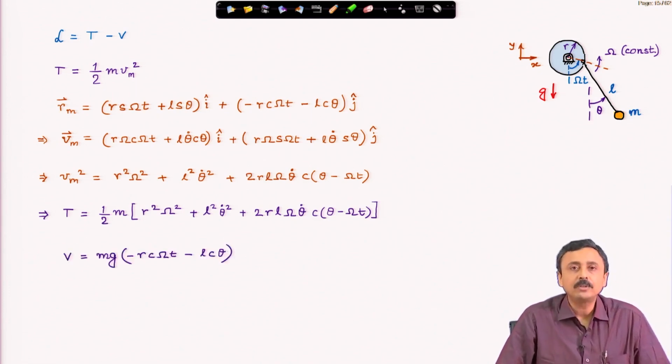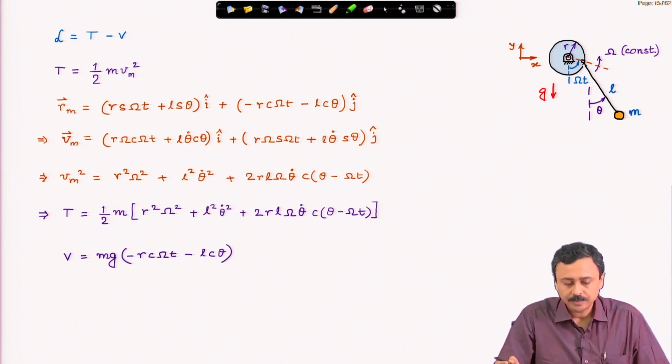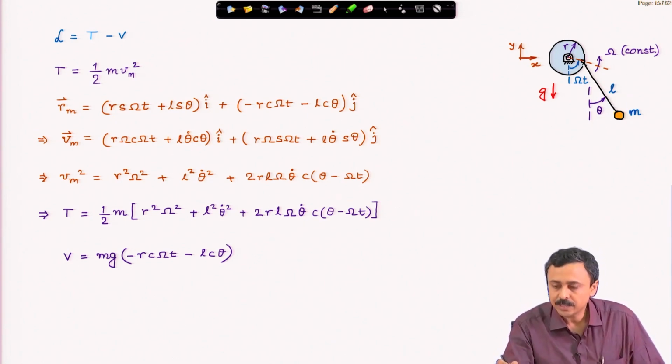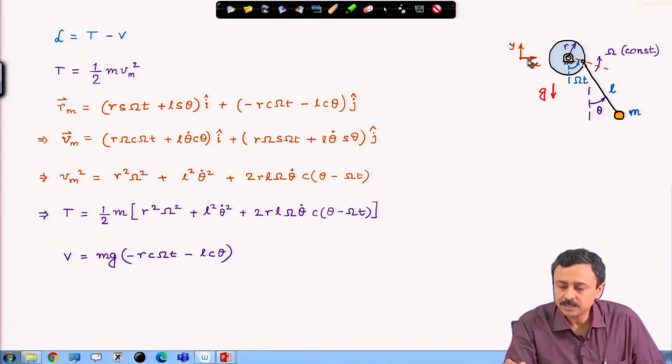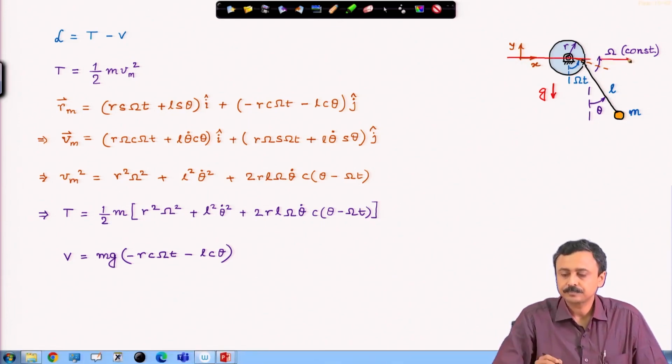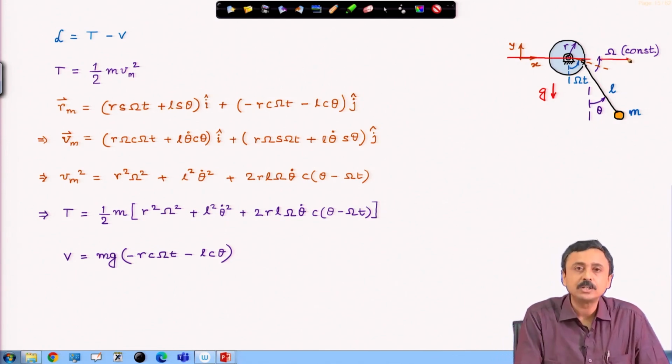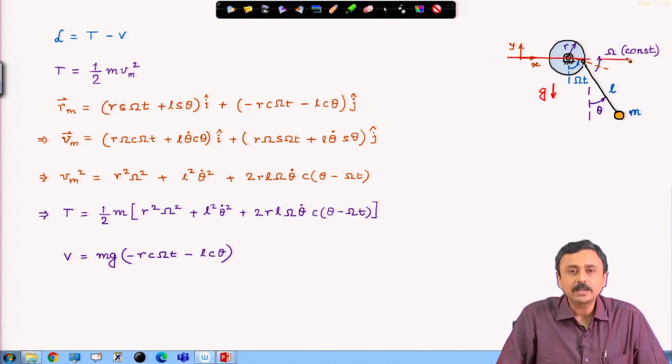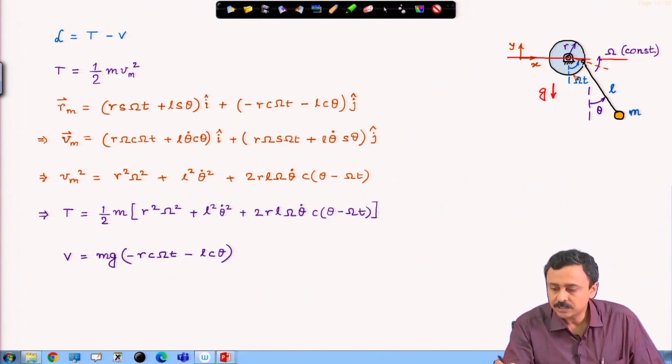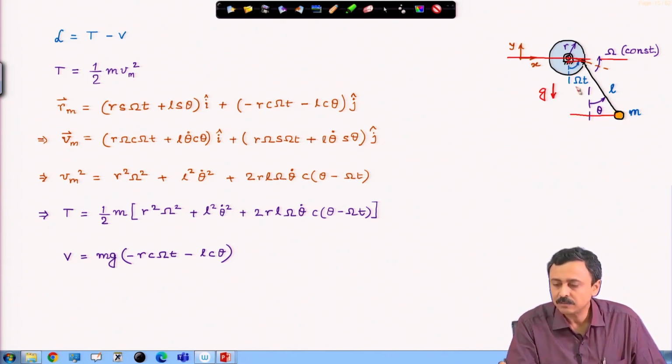Secondly, we have to write down the potential energy. The potential energy contribution comes only from the bob, from the pendulum. And if I take this x axis as the datum, from there I measure potential energy, and that happens to be in this form, mg times minus r cos omega t, which is this projection, and minus L cos theta, which is this projection.